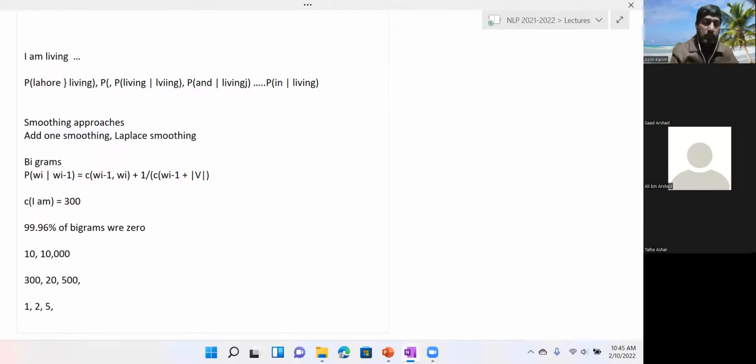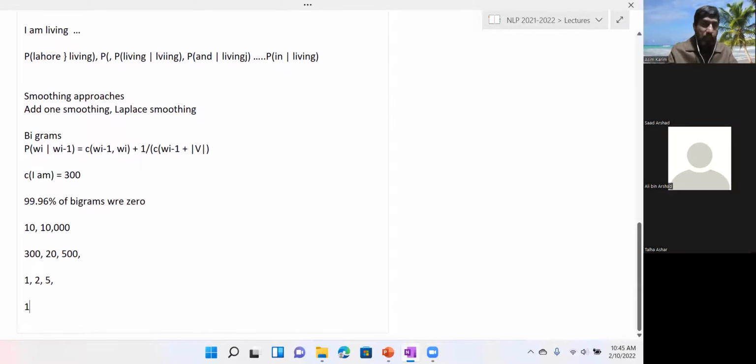So in other words, you are changing the distribution significantly and changing what is actually occurring in the data set by this smoothing technique. This smoothing technique only works if it is the flip side, meaning that you have 10,000 events or bigrams in this case that are non-zero, and let's say only 10 that are zero.